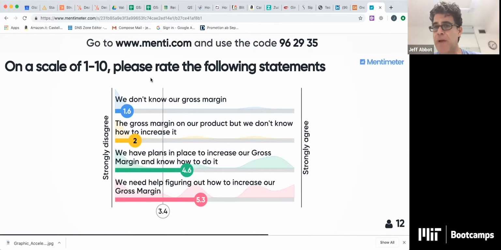If you have such plans in place, the kinds that you've alluded to in these rather generic responses, plans to increase your network effects, or plans in place to increase your gross margin, or plans in place to increase virality, it'd be very helpful to come prepared to discuss those and share about them. Okay, very cool.